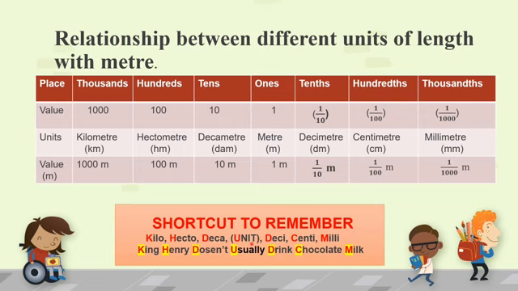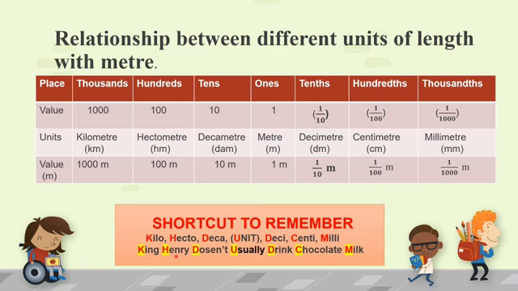So if you want to remember this, which you must be thinking is so difficult to remember in a chart form or in a serial order form, if there's an easy method or strategy to remember, then this is the easiest strategy. Just remember this statement: King Henry doesn't usually drink chocolate milk.